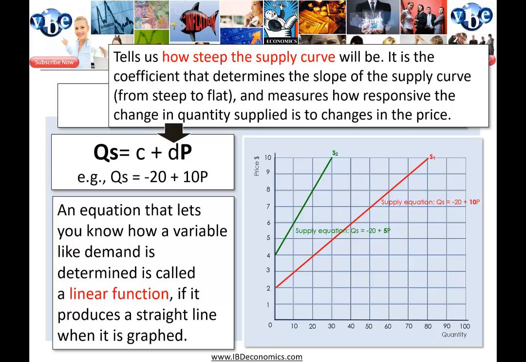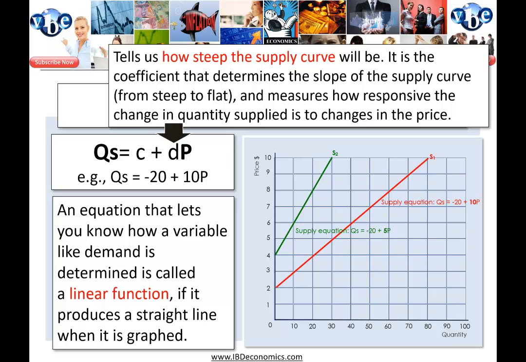And the second part of the equation, plus dP, the d part, tells us how steep the supply curve is going to be. Now that's the coefficient that determines the slope of the supply curve, whether it's steep or relatively flat. And this measures just how responsive the change in quantity supplied is going to be to changes in price.